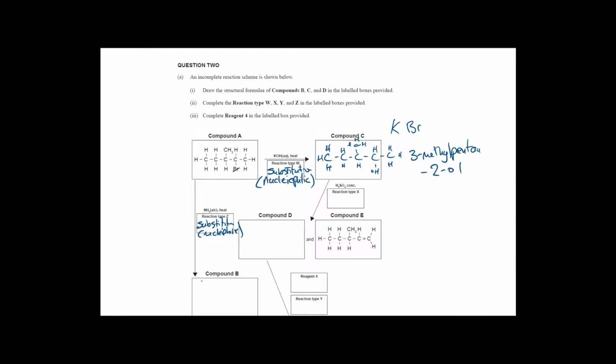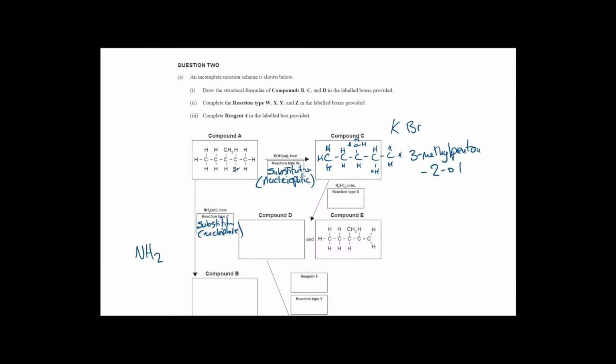And so this is NH3. What is this one going to be? This one here, the bromine is going to be substituted for amino, isn't it? It's going to be an amino. Yeah, it is going to be an amino. It's going to have the NH2 in there somewhere. Where is that going to go?